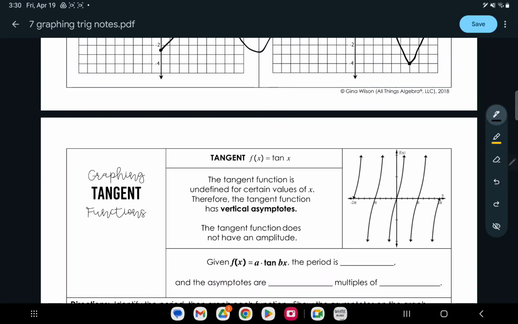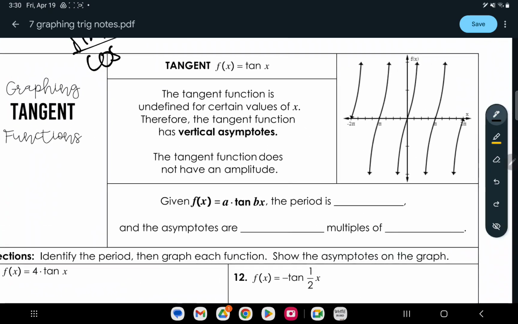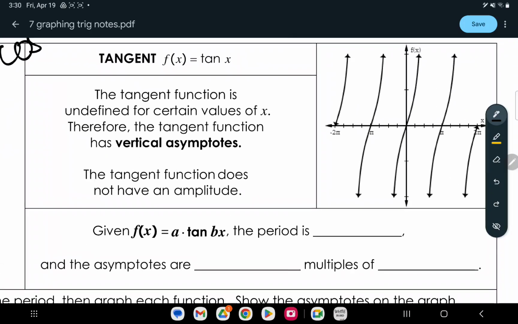Tangent. You gotta remember, tangent is sine over cosine. So we got some weird stuff going on with tangent. Alright. So it still kind of has a repeating pattern. So the period is right here, you know, where it repeats. Okay?